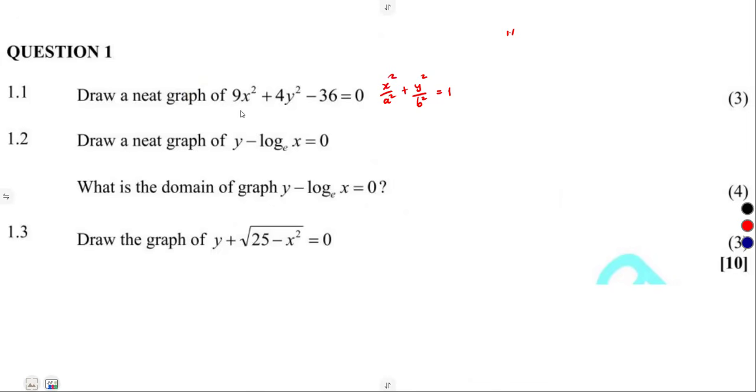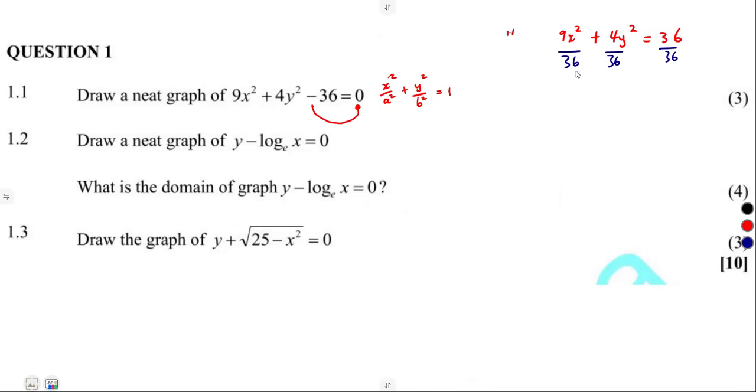So to obtain that, we simply need to rearrange our equation. We can take the negative to the other side of the equation, so it's going to be 9x squared plus 4y squared is equal to 36. To obtain a 1, we have to divide by the constant, which is 36, throughout the equation.